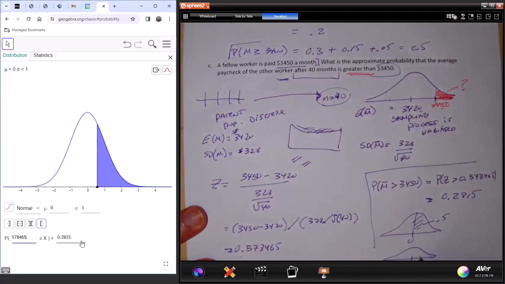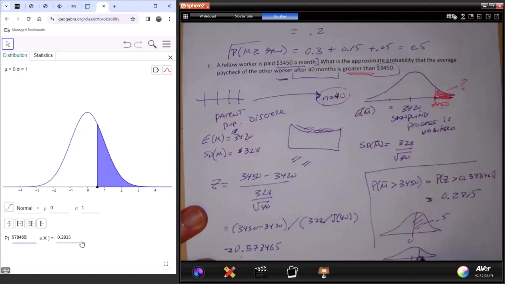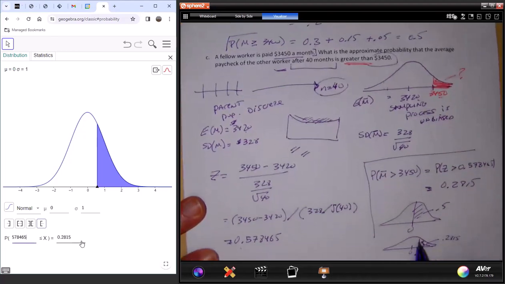Just think about that. So here's one standard deviation. We're halfway there. And at halfway, which is about 0.5, it's a little more, it's like a 0.6 really, but that movement, all of a sudden the area is 0.2815, which is not that close to 50%. So just keep in mind that this curve is going down pretty fast.